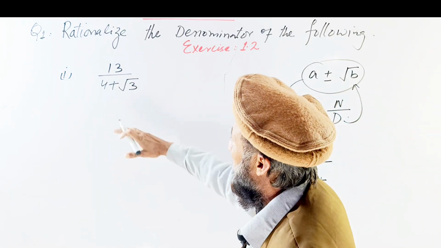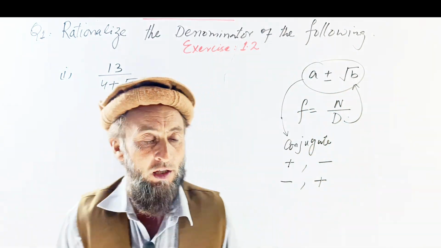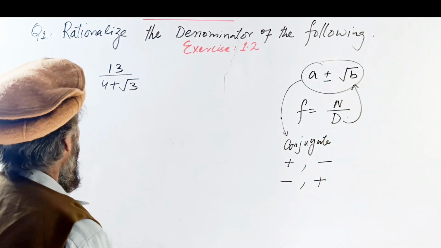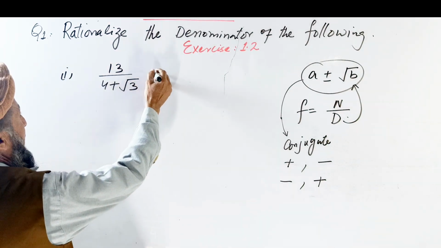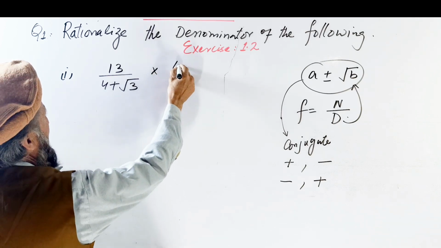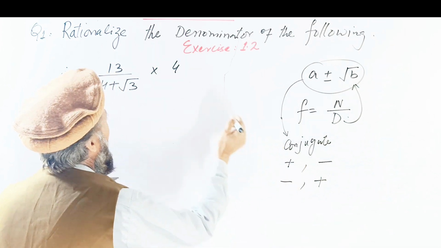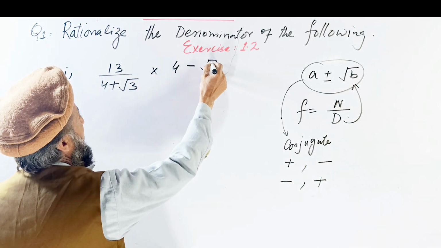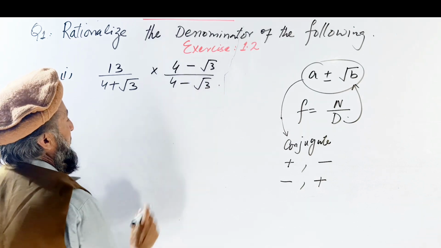Now here in the denominator, 4 plus square root of 3 is in this form, so we take its conjugate, where the sign is changed. Here it is positive, we change it into negative: 4 minus square root of 3.